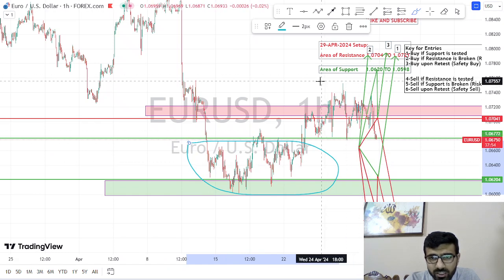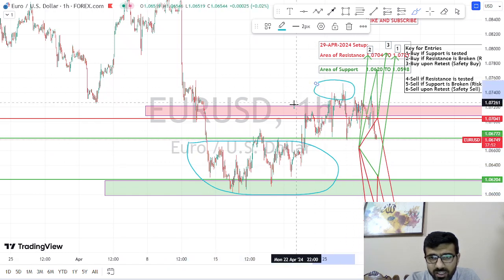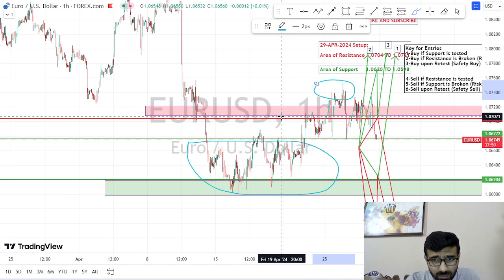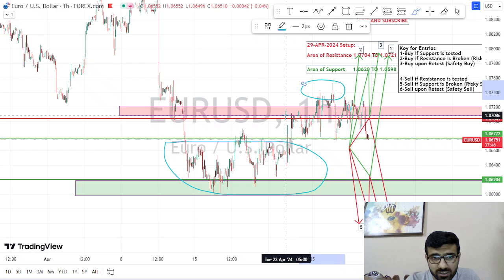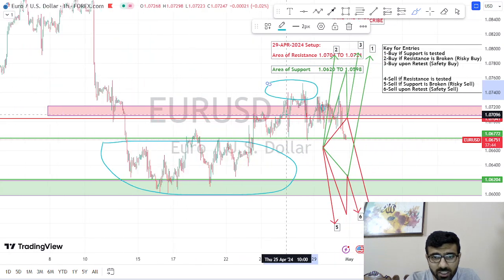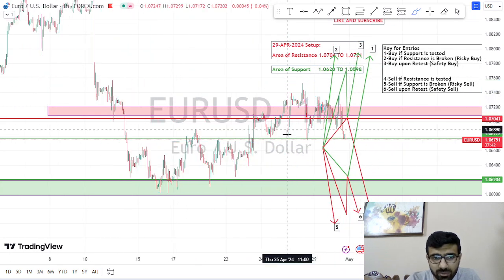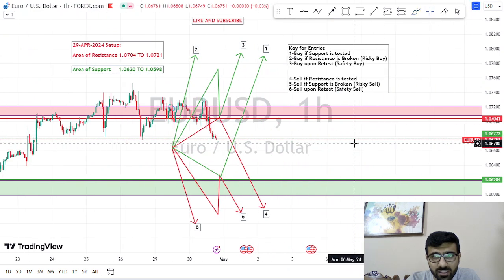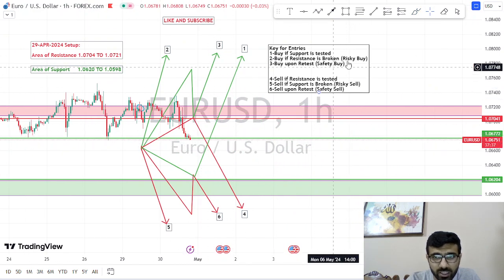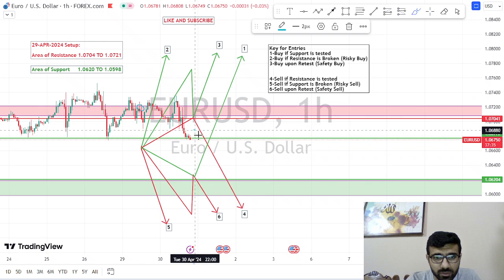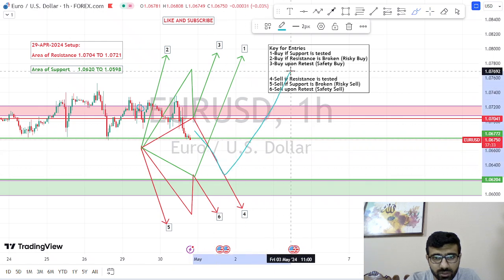Okay, this area has partially behaved as a minor area of supply, but let's see how much time this area can hold itself. As per my analysis, I think that maybe market will come down, but it is going to rise up again.